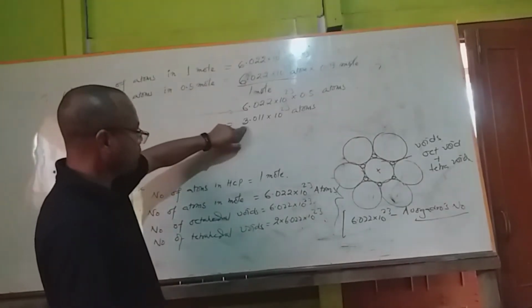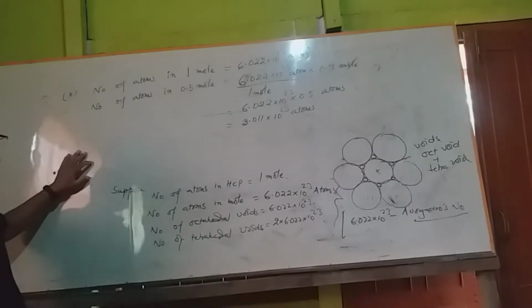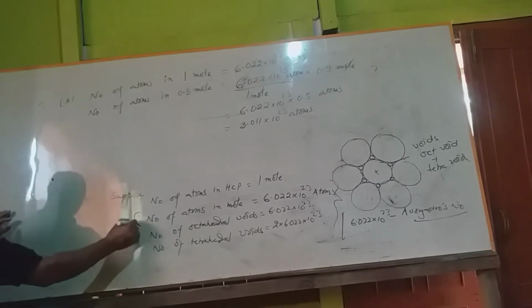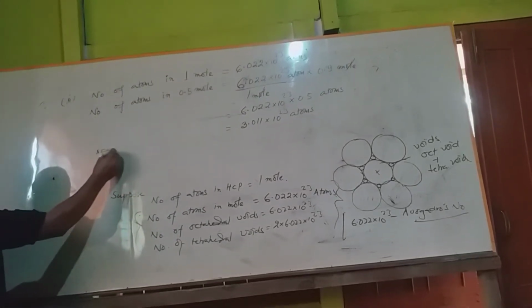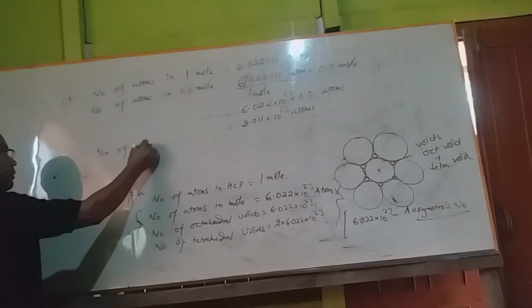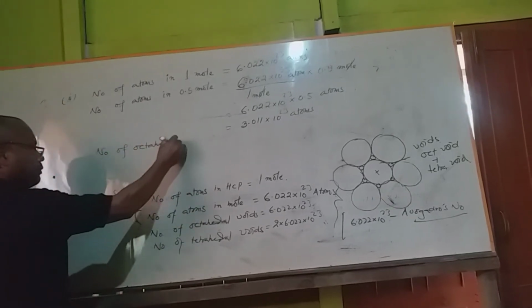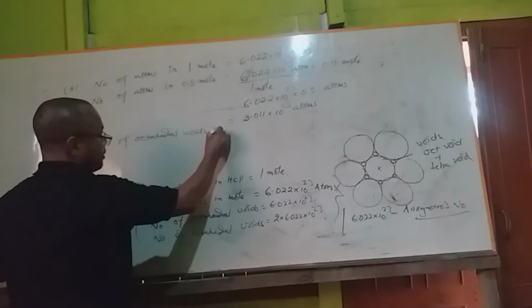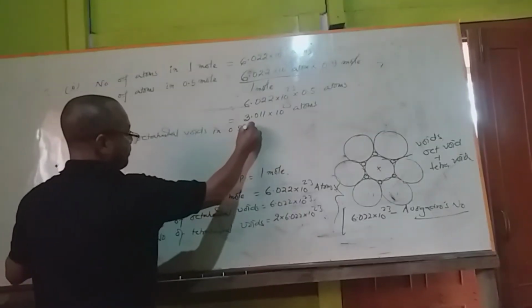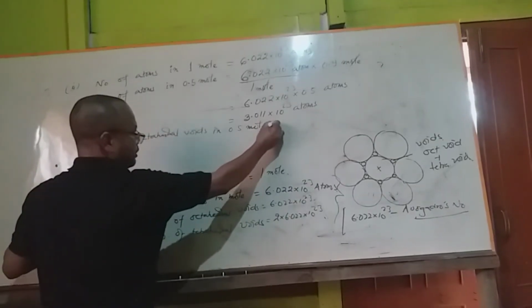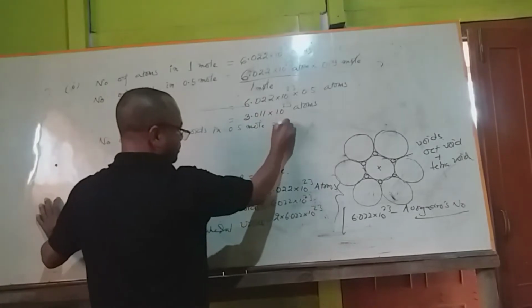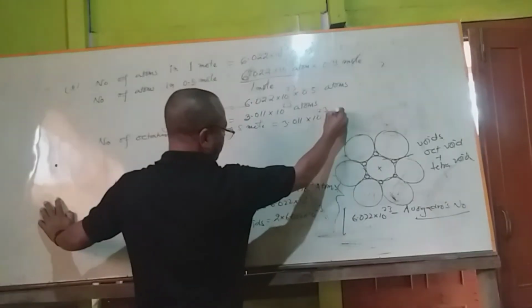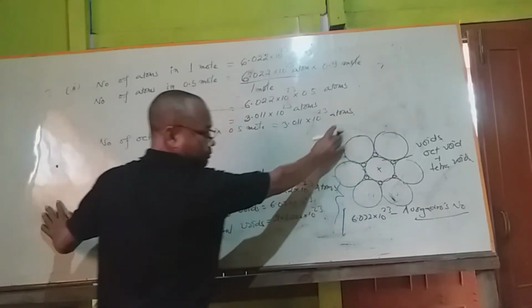From this number 3.011 into 10 to the power 23 and the formulas given, what is the number of octahedral voids in 0.5 mole? That is the same as this number, 3.011 into 10 to the power 23.